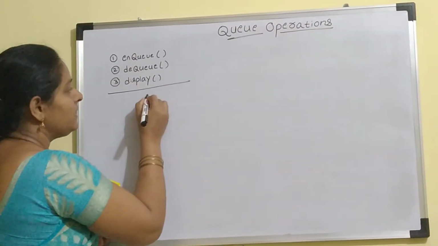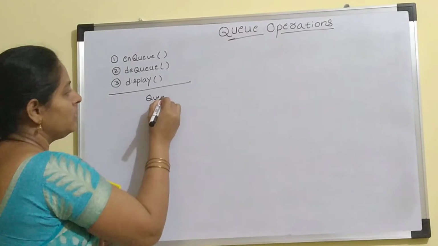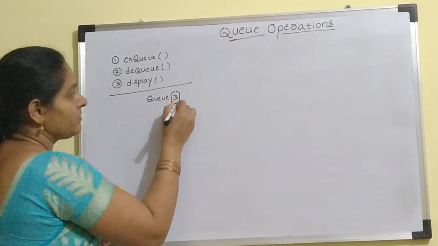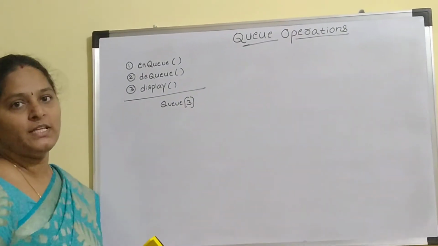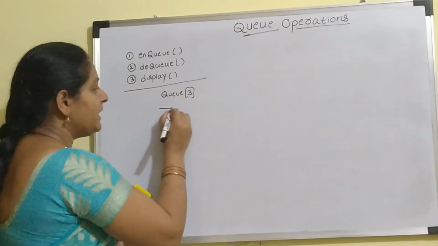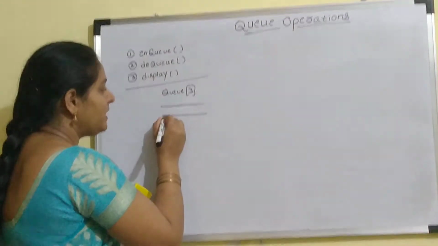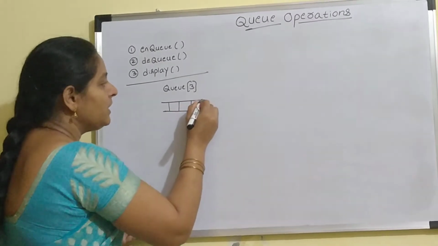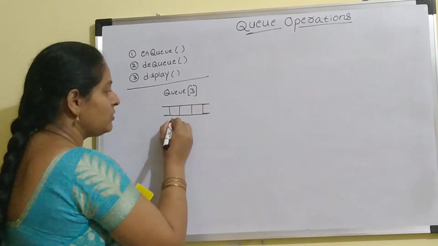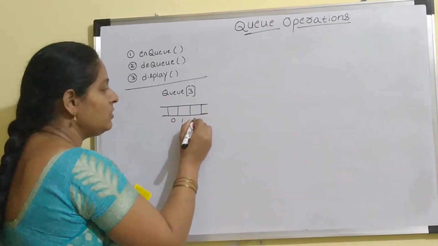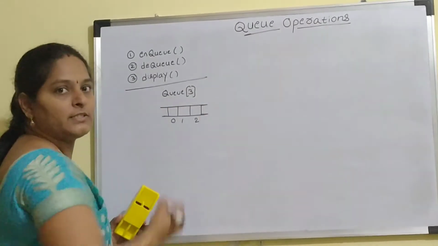Just assume that I have a queue with size 3. That means I can insert only 3 elements into the queue. Now I am implementing the queue using arrays. If I am implementing the queue using arrays, array indexes always start from 0 to 2. So 3 locations, right?